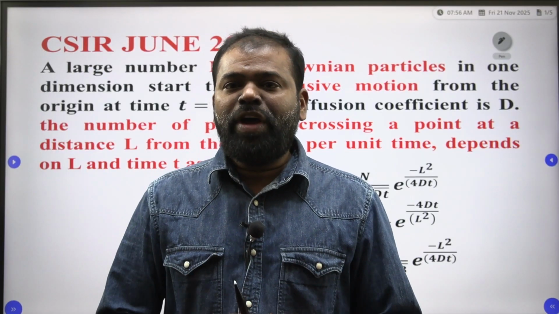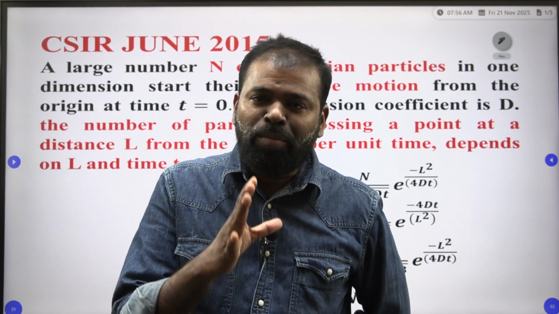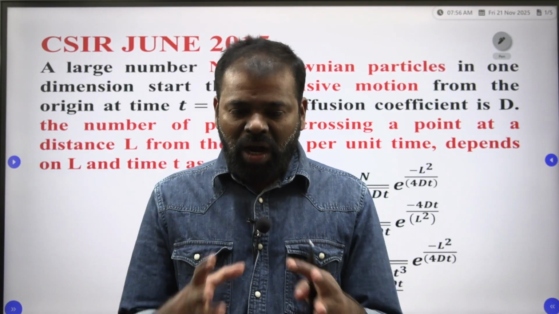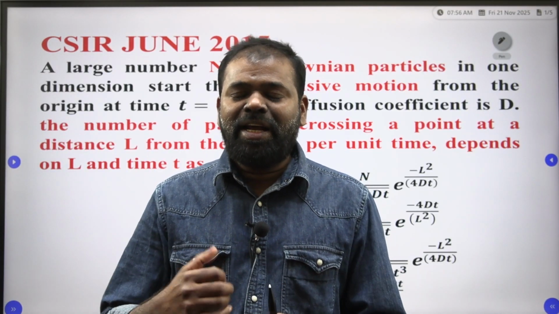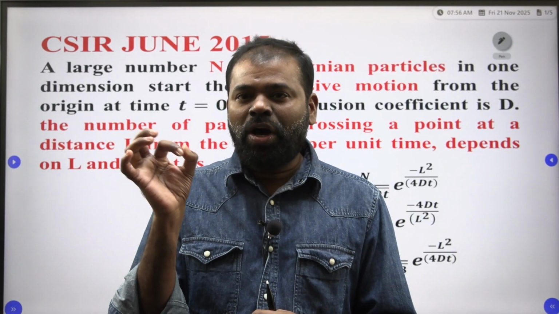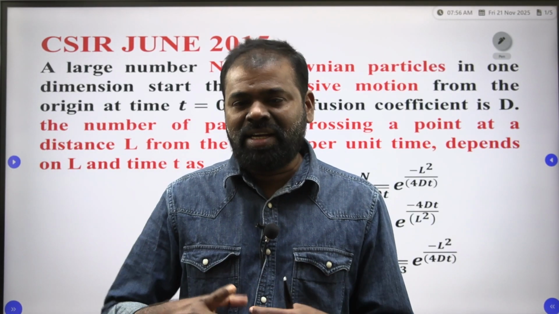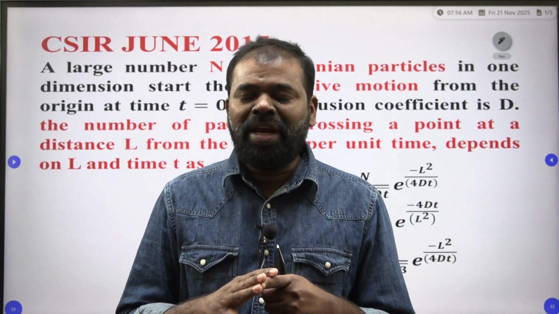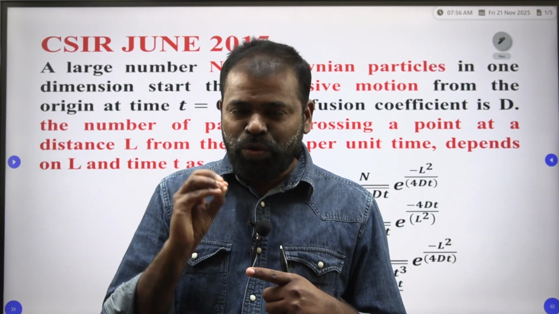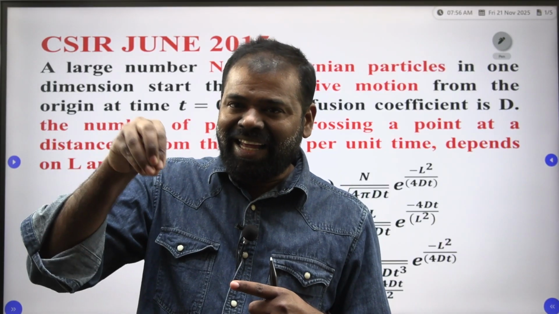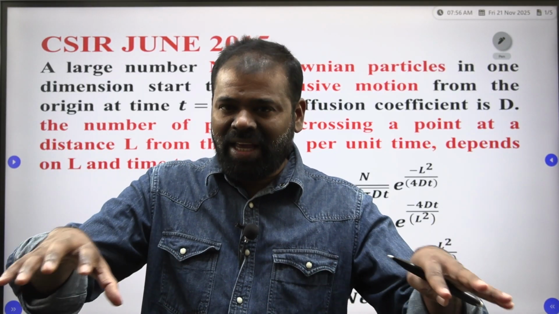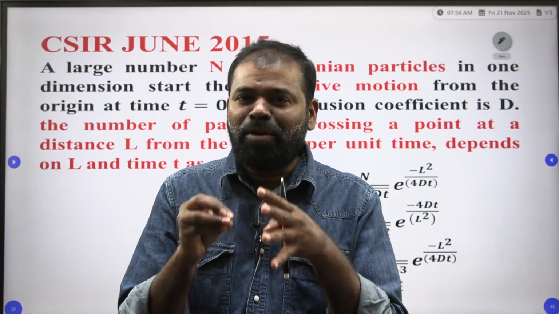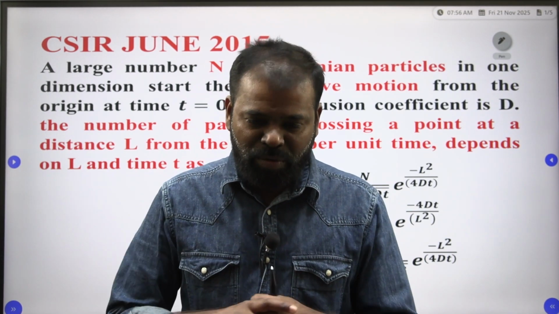In this video, we are going to discuss one more important topic, that is Brownian motion. In 1828, a botany scientist, Robert Brown, introduced this phenomenon while using a Brownian particle immersed in water. The motion of that particle we call Brownian motion.